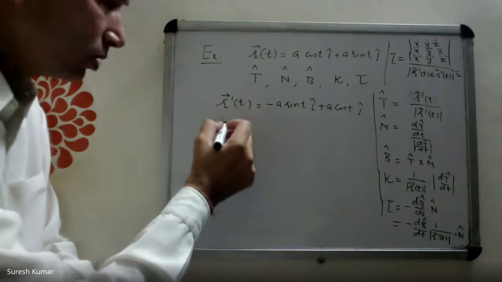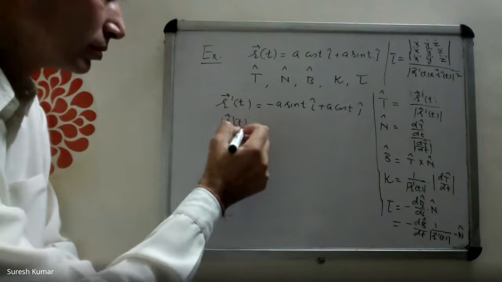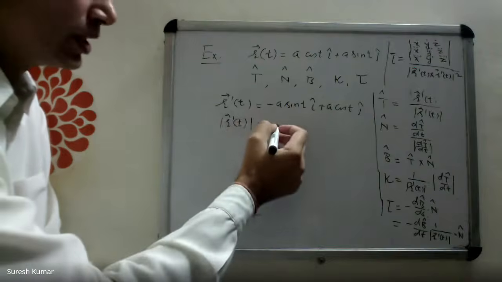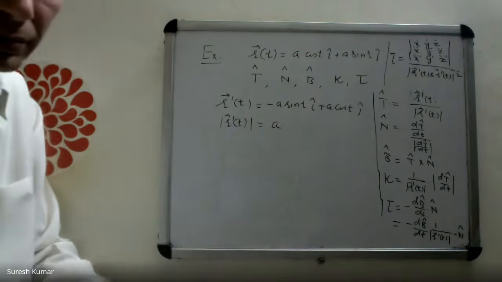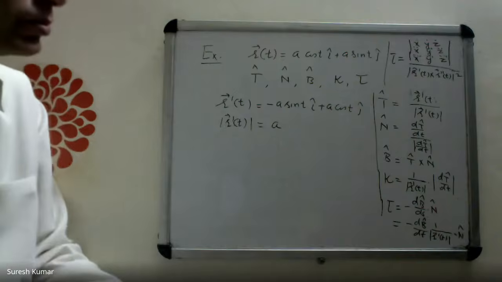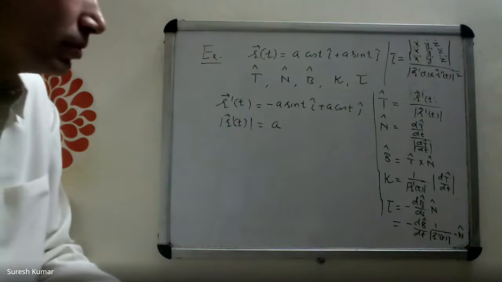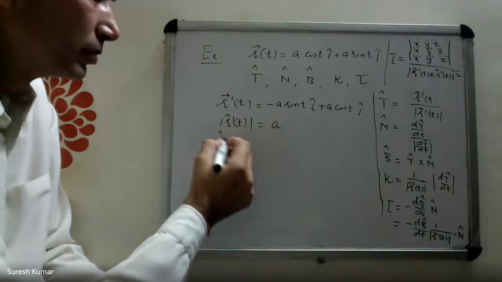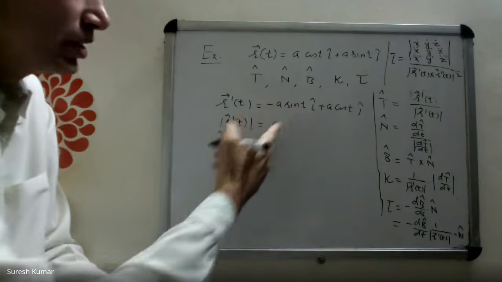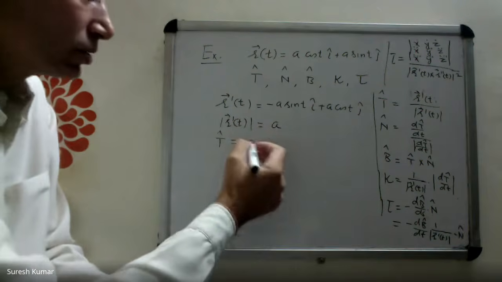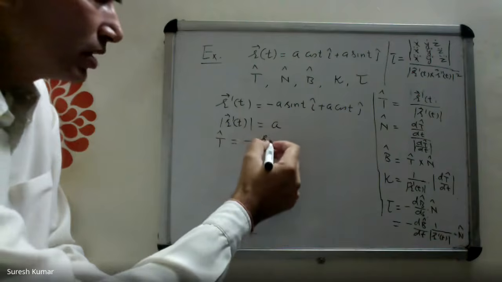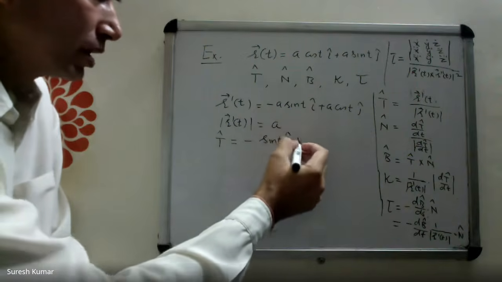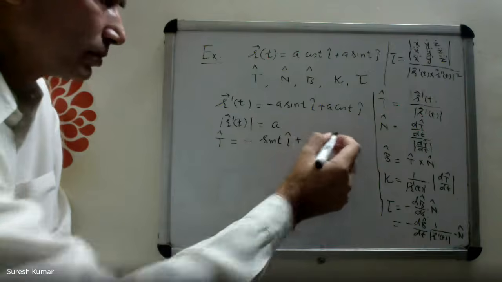What is the magnitude of R prime T? It's A. So what is T cap? Divide this by A. So you get minus sin T i cap plus cos T j cap.